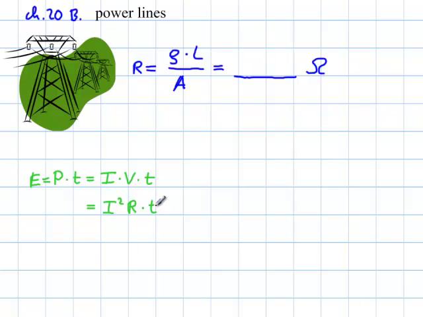And since in the power lines we like to use up as little power or energy as possible, of course the resistance should be small. One way of achieving that is to make pretty thick power lines.